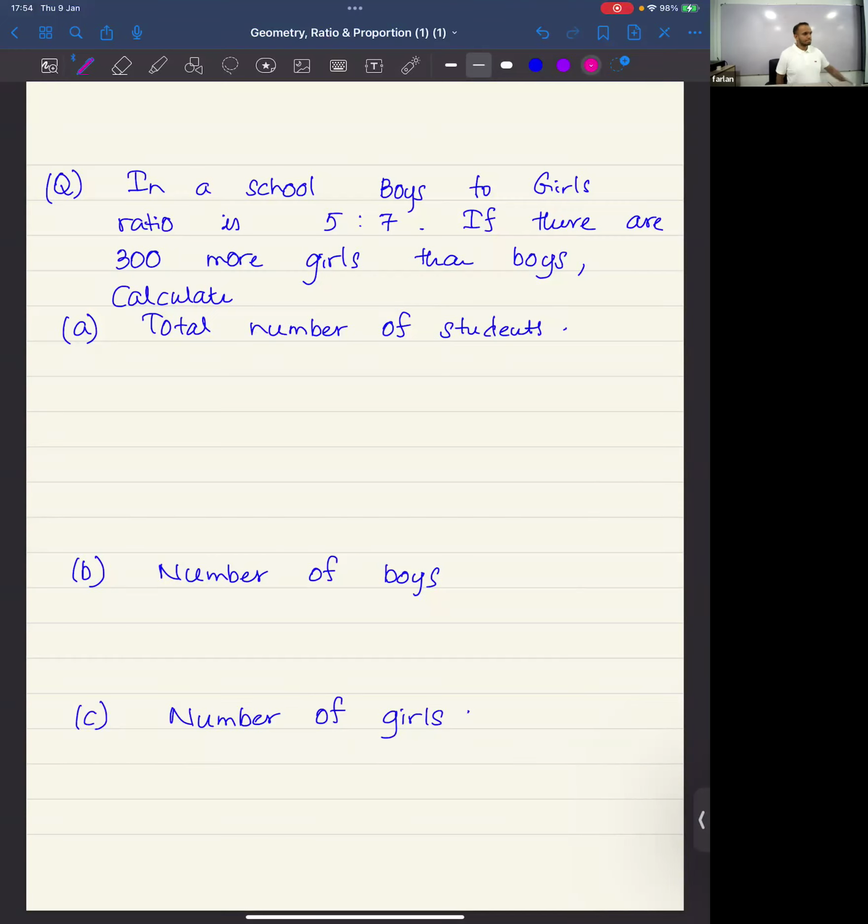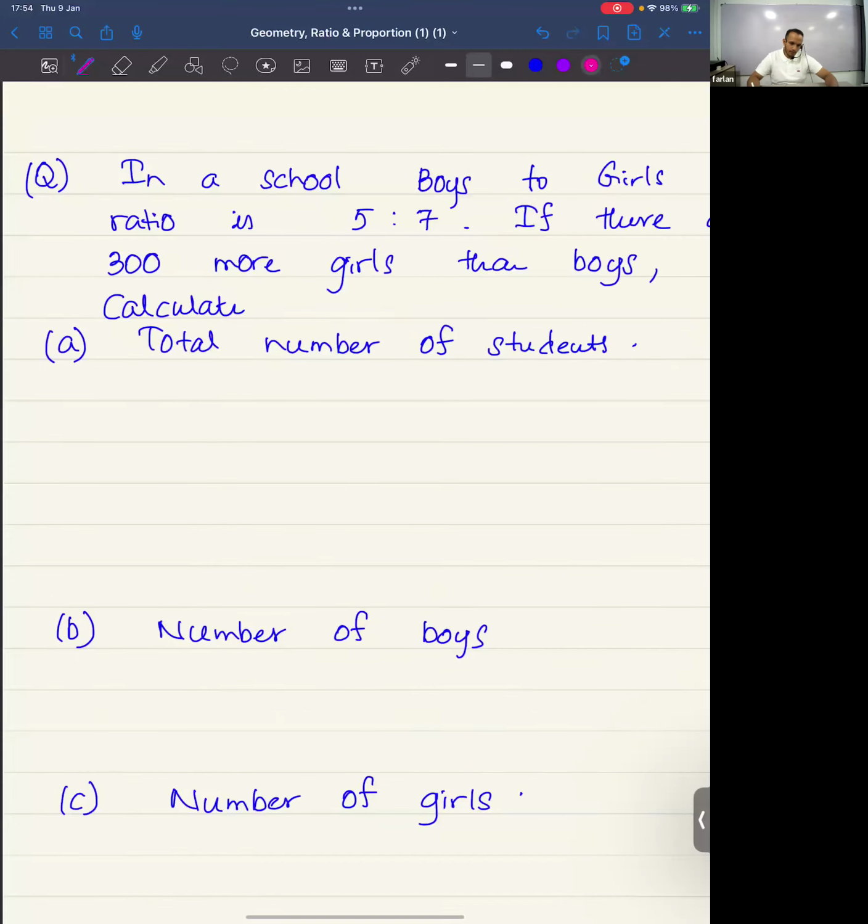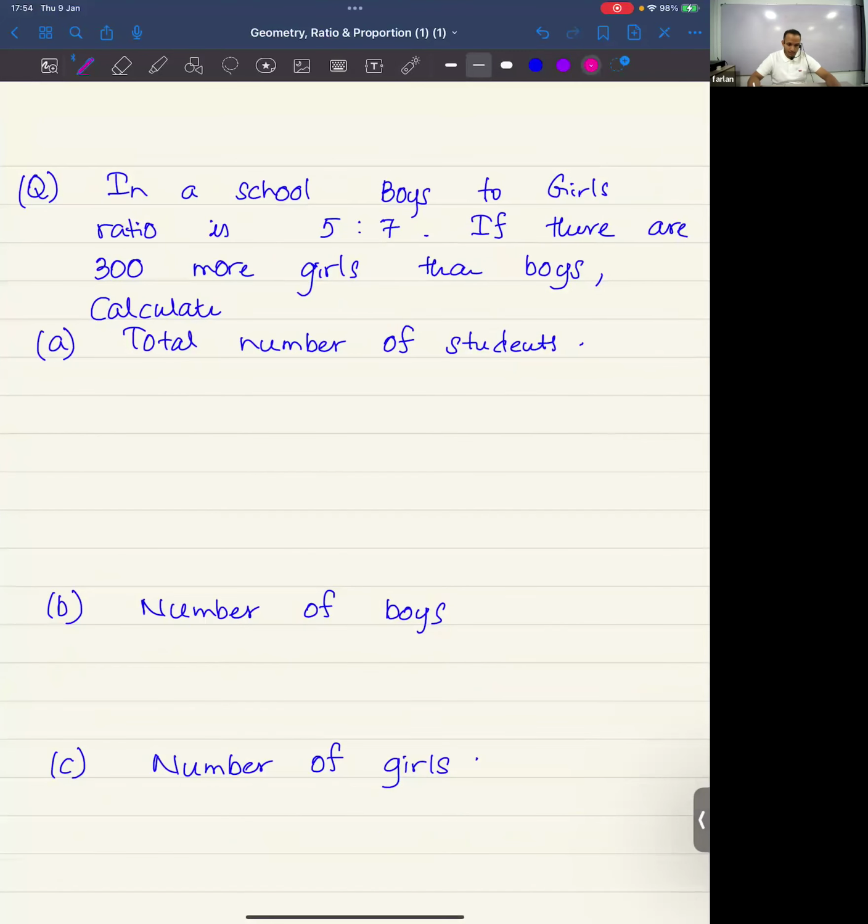Done. What is your answer? Right, okay. Guys, look at this. In a school, boys to girls ratio is 5:7. If there are 300 more girls than boys, calculate the total number of students. Now look at this.